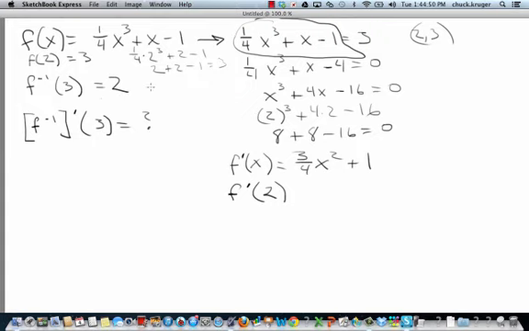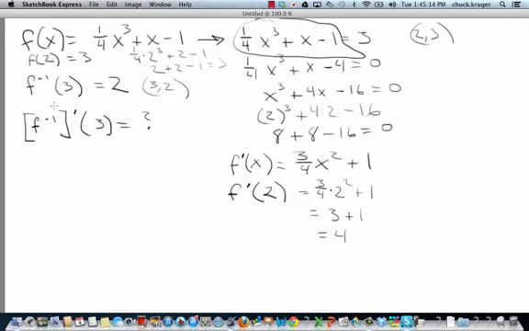The corresponding point on the inverse is 3, 2. So if I plug in 2 here, I'm going to have 3/4 times 2 squared plus 1, which is 3 plus 1, which is 4. So the slope of the tangent line on my function at 2 is 4.